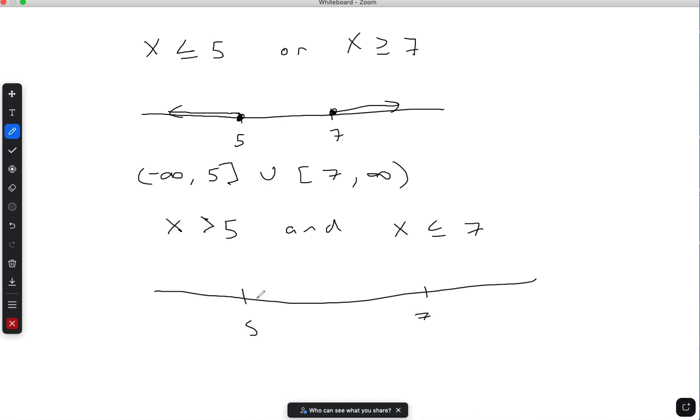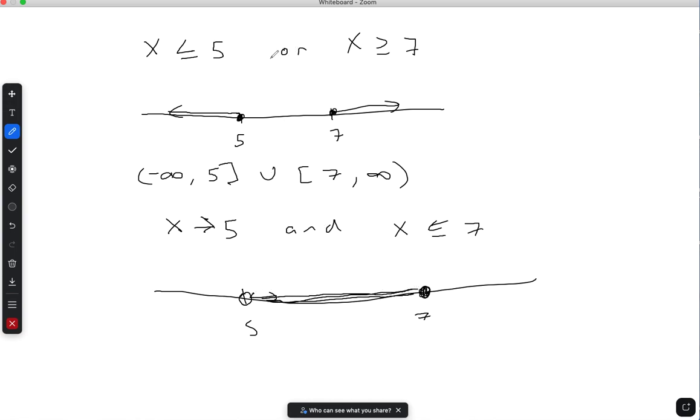X is greater than 5, so that would be an open dot going that way. X is less than or equal to 7, that would be a closed dot. And if we think of which way those arrows would be facing, the 5 is going this way and the 7 is going this way. So that one is going to be in between the points.